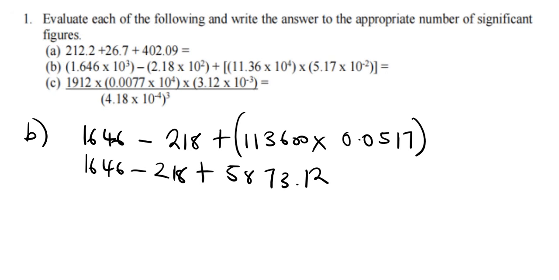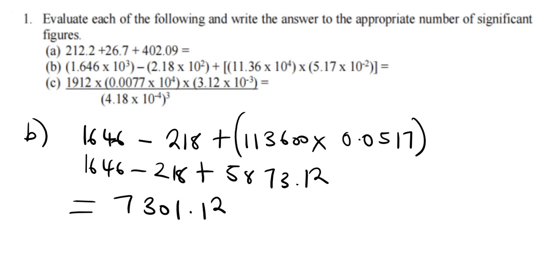Now that I've got that, let me add these numbers. 1646 minus 218 plus 5873.12. I'm getting 7301.12. Now let's go back to our rules.